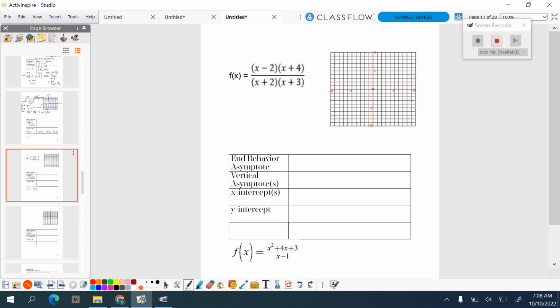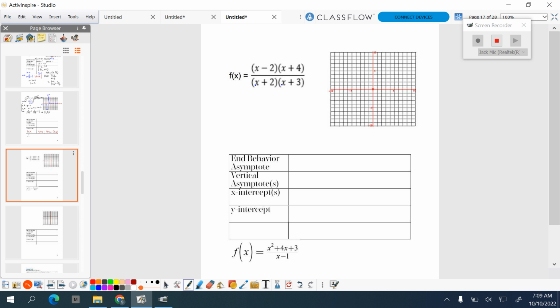All right. So they gave us everything in this one. So I'm going to let you have at it. You should have no holes. You should only have vertical asymptotes, horizontal asymptotes. And your leading x term here is going to be the same because you have an x and x, x and x.